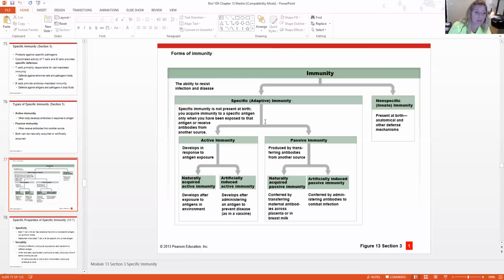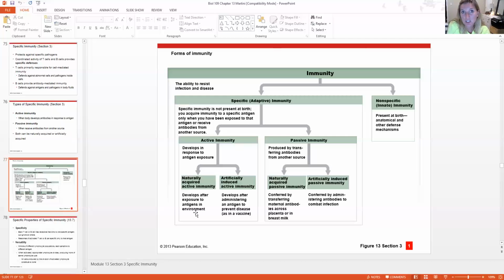Let's look at some examples here. In our specific immunity, which we're talking about now, you have active immunity, which is where our body is specifically forming a particular antibody to a particular antigen. It can be naturally acquired or artificially acquired. Naturally acquired would be where you are exposed to an antigen and you develop the antibodies for it.